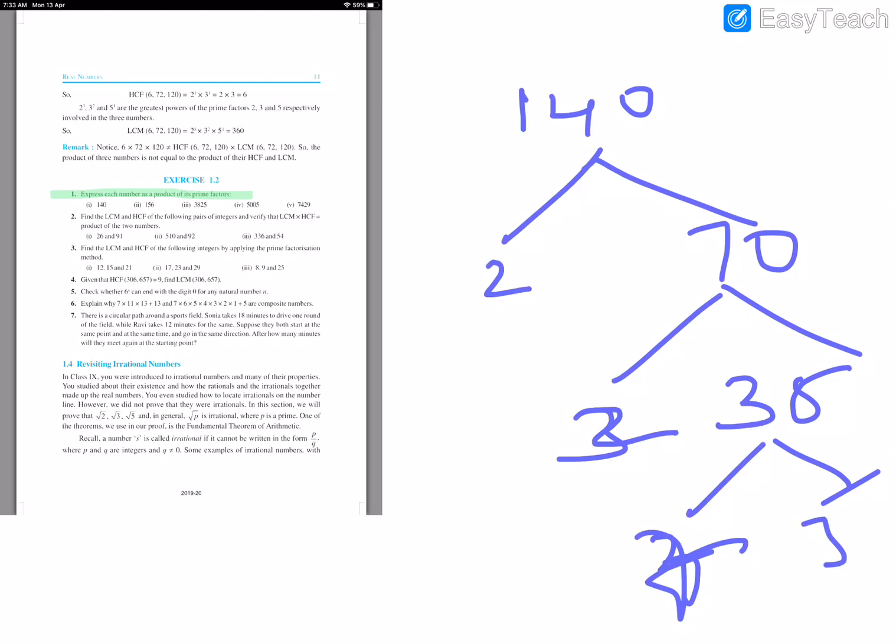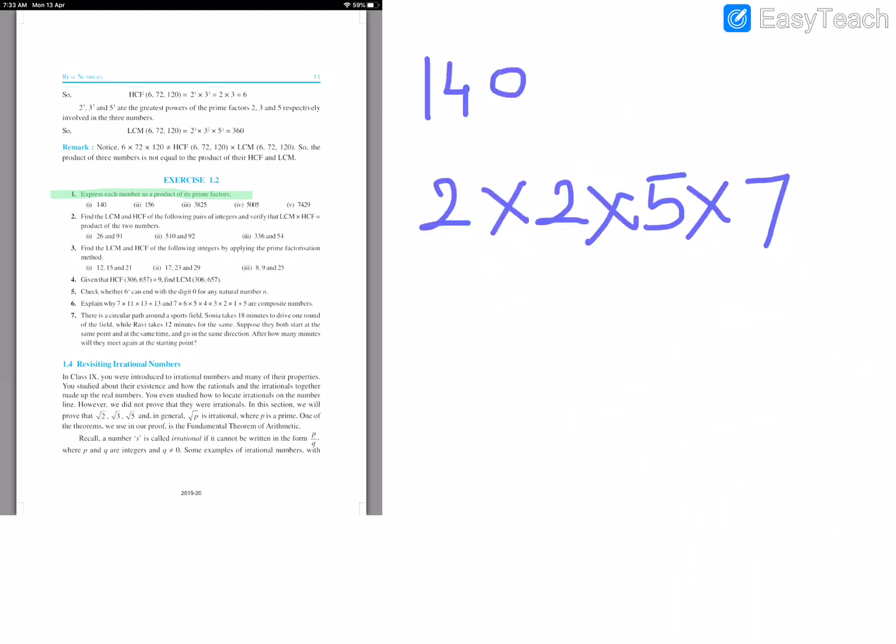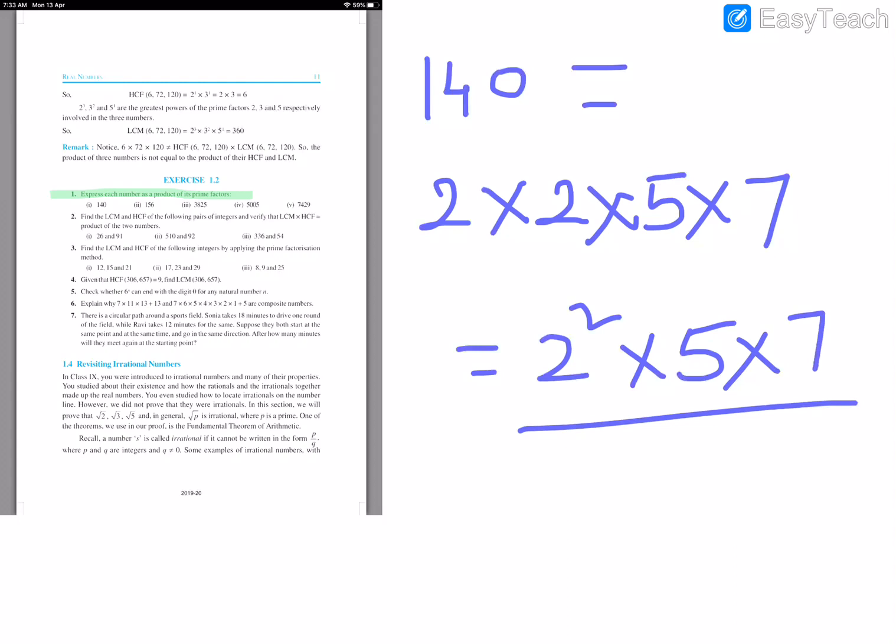Finally you get 140 is equal to 2 into 2 into 5 into 7, that is 2 square into 5 into 7. So this is the prime factorization. The same way you will do for 156, 23825, 5005 and 7429.